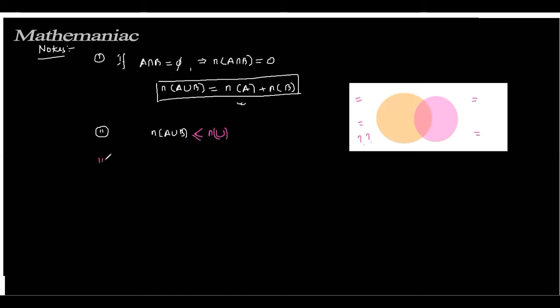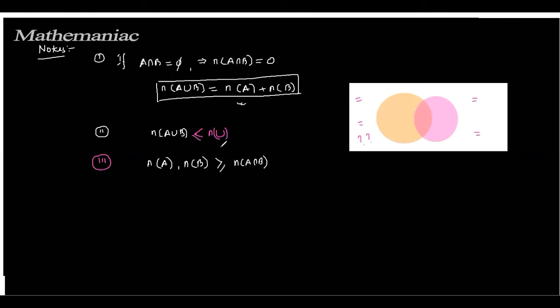Next, note number 3, which you have to always remember, because some problems will be encountered in future, that n of A as well as n of B are both greater than or equal to n of A intersection B. That means the intersection will contain elements which are always less than each of the individual sets, or in the worst case they will be equal, but they will not be greater.